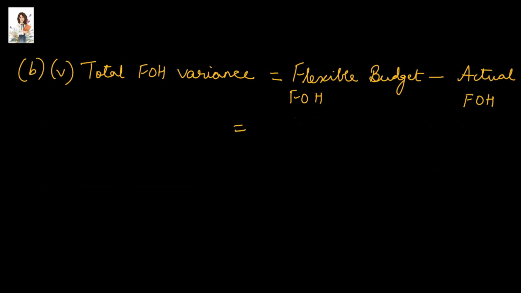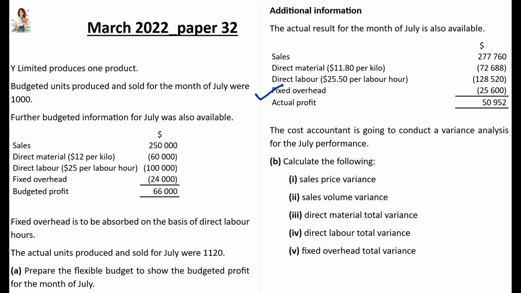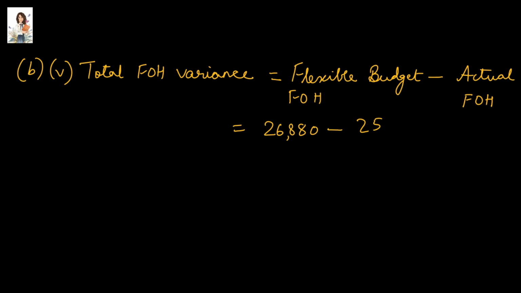Using this value in the formula, we have $26,880 minus the actual fixed overhead which is given to us in the question. Actual fixed overhead is $25,600. So we'll write 25,600 here, which gives us $1,280 of variance.